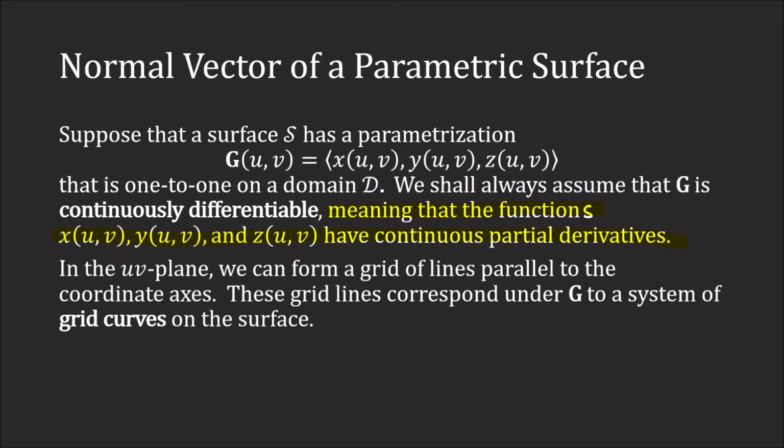Now in the UV plane, we can form a grid of lines parallel to the coordinate axes. These grid lines correspond under g to a system of grid curves on the surface.